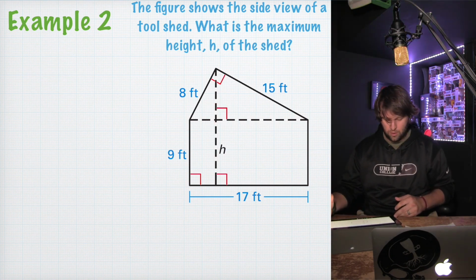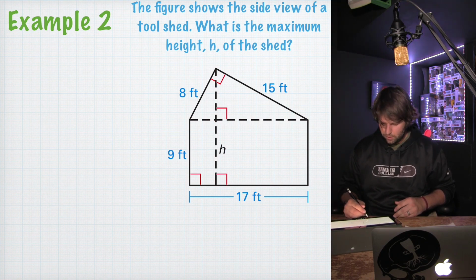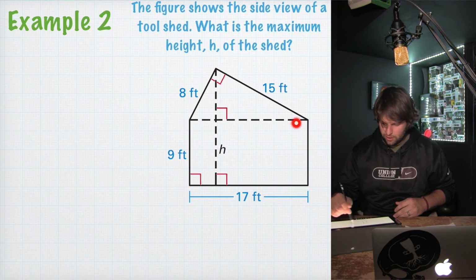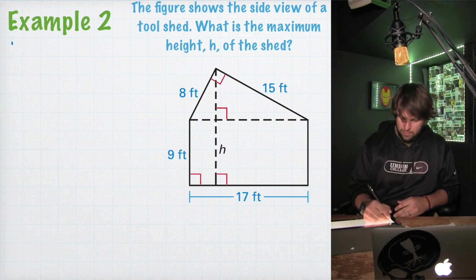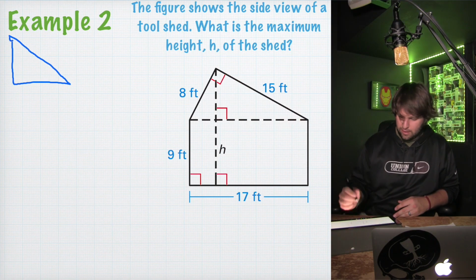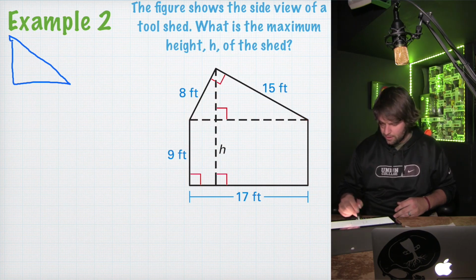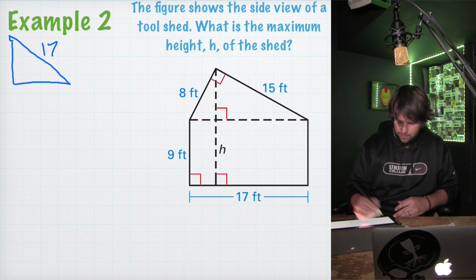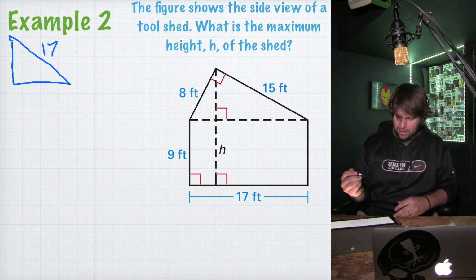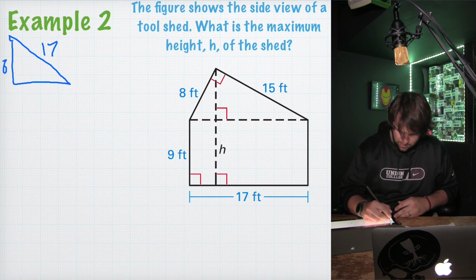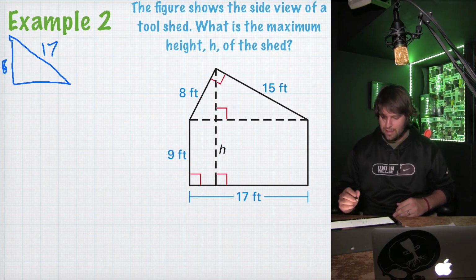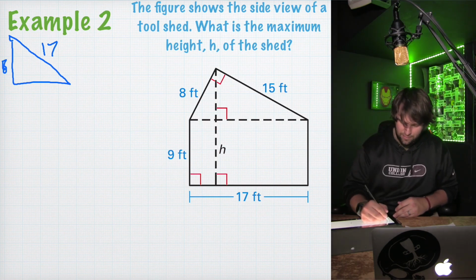So, here we go. Let's go ahead and we're going to use this triangle. I'm going to draw the two triangles. First, I'm going to draw the bigger one, which has the hypotenuse is this line right here, which is 17. Okay, the short leg is 8, and then lastly, the long leg is 15.